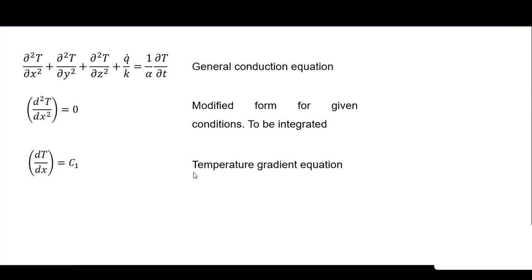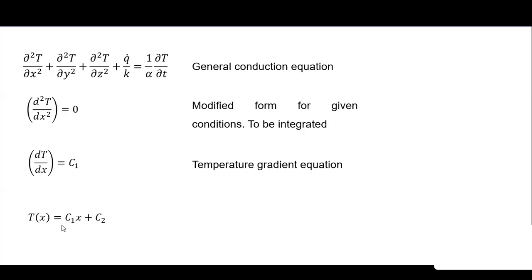Now again, if you integrate this equation, you will get another linear simplified equation, that is temperature in x direction. Temperature in x direction is equal to C1x, integration of C1 is C1x, plus another constant of integration, that is C2. Now you can see that this particular equation is of a straight line, a simple equation, that is y is equal to mx plus c.